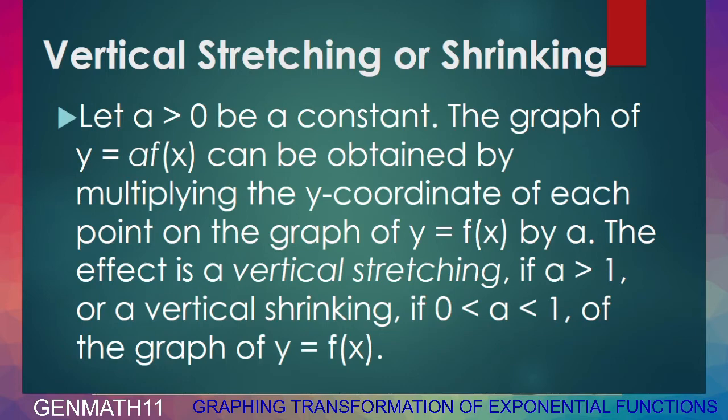So, yan. Para makuha natin yung value of y dito sa vertical stretching natin or shrinking. Yung vertical stretching daw kapag yung ating A is greater than 1. Kapag naman mas bababa kay 1, then greater than kay 0, it will be vertical shrinking. Okay?